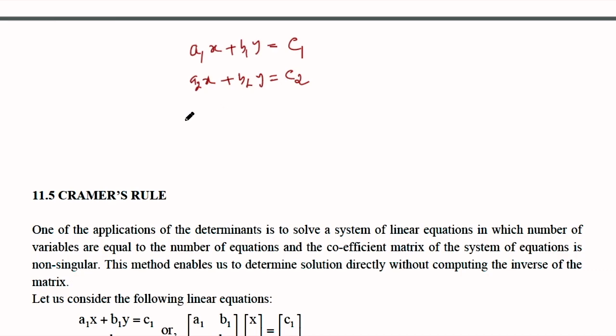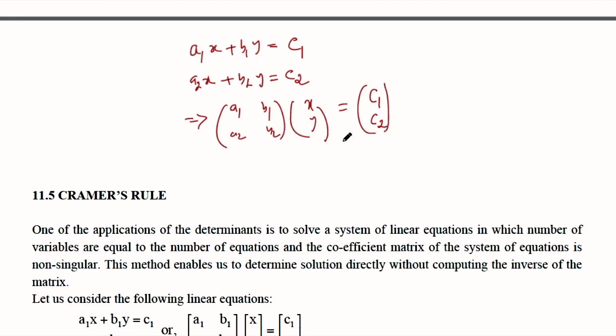Now here I say the coefficient matrix A, which is a1, b1, a2, b2, times x, y is equal to c1, c2.